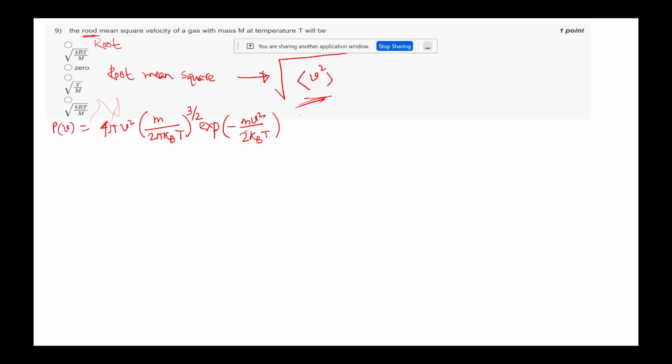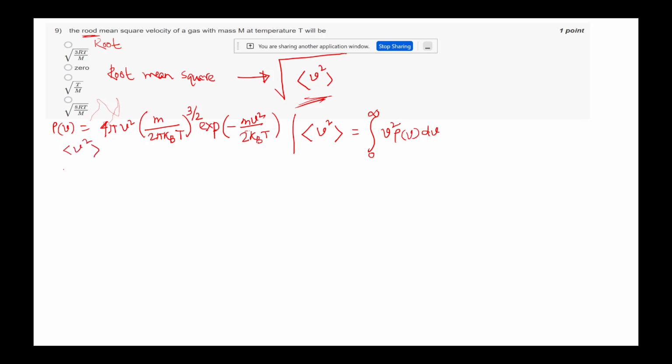Yeah. Thank you. So then v square average will be the integral from 0 to infinity of v square rho v dv.